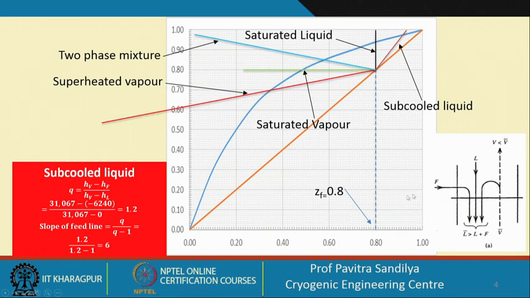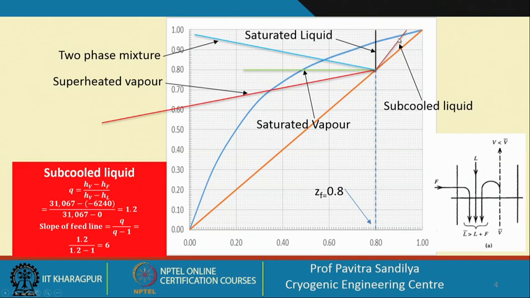So that is how we find that, depending on the feed condition, the liquid and vapor flow rates in the stripping section and the enriching section change with respect to each other. And also here we find how the feed lines have been located: this straight vertical line is for subcooled liquid.